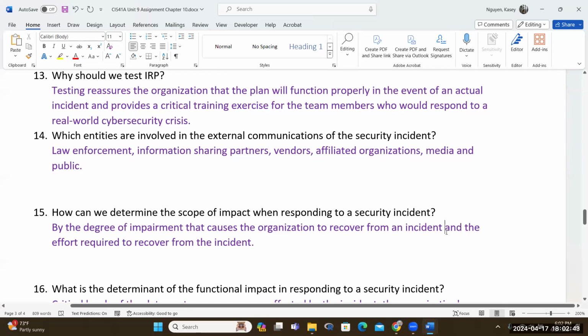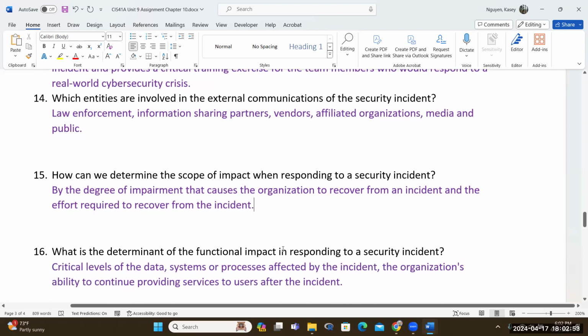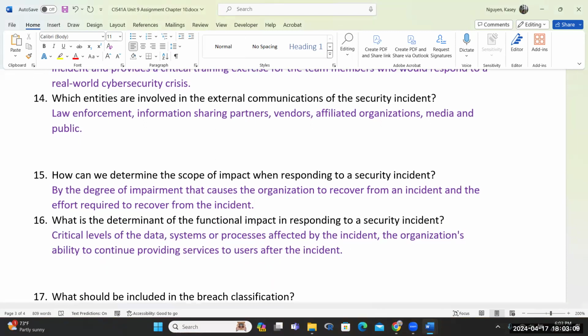And you can give it a score. I think there are a lot of matrices that allow you to rank it by score, like by points. Or you can qualify it by levels. So what is used to determine the functional part of the functional impact in the security incident? Let me move this up a tiny bit.